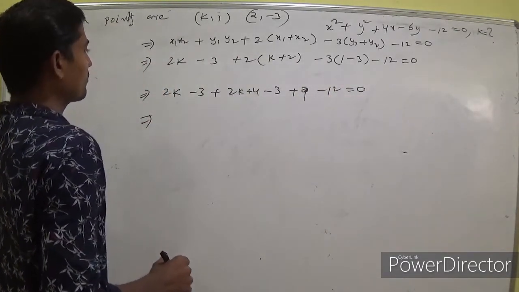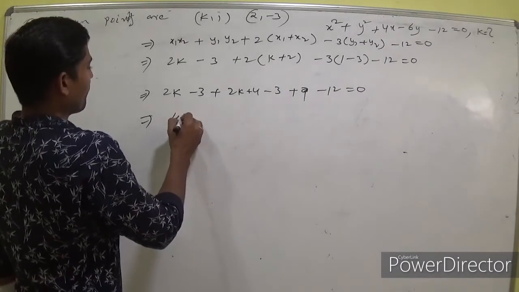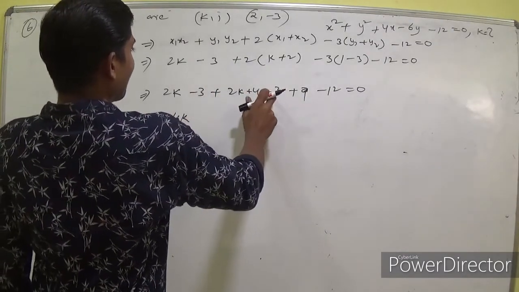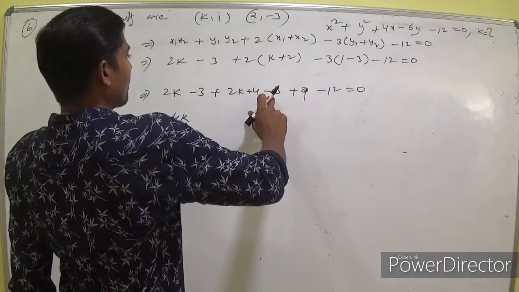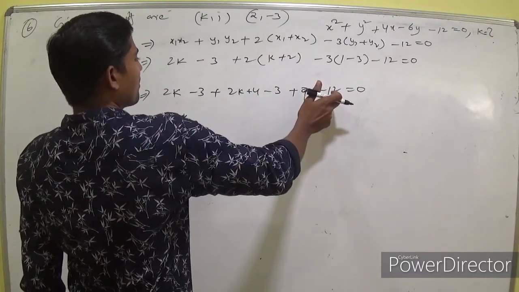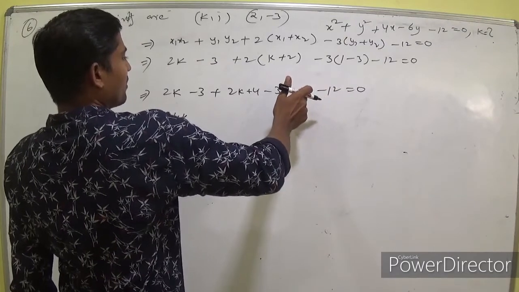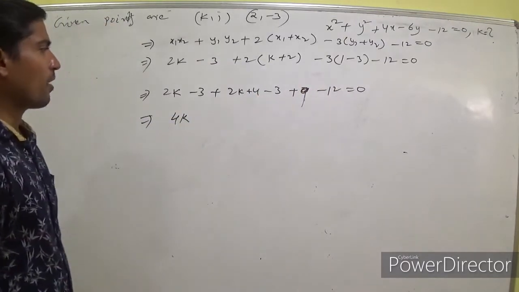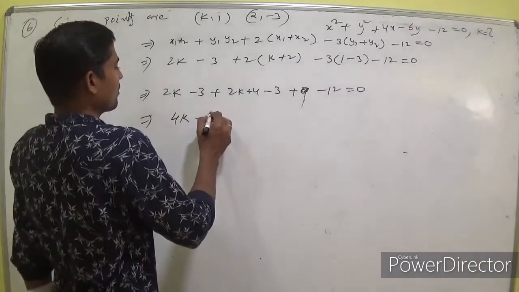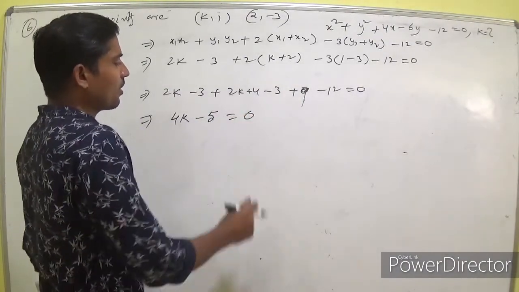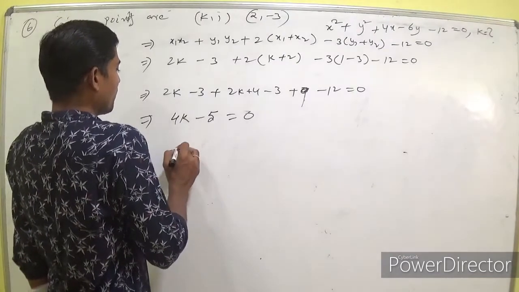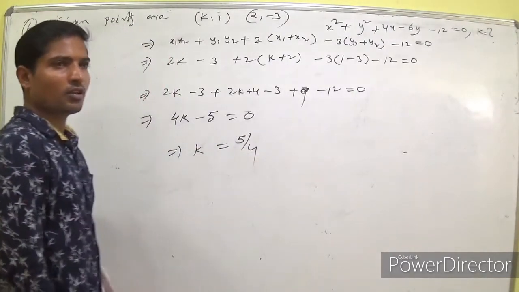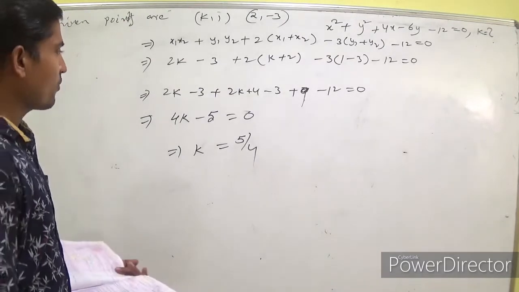That implies 4k minus 5 equal to 0, so k is equal to 5 by 4.